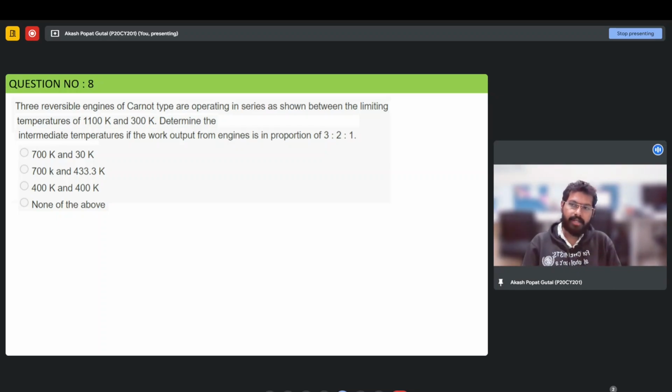Small hint: rather than doing the extensive algebra, once you get the functional relation between these two temperatures, you can put in the options given in this question directly and verify the answer, and you can find it quickly rather than solving the entire algebra.